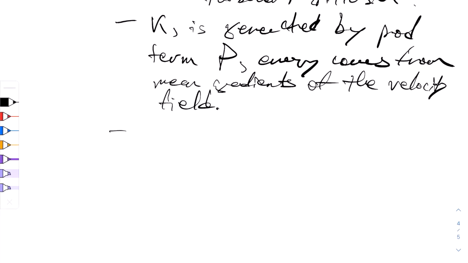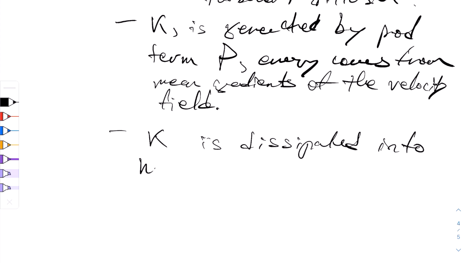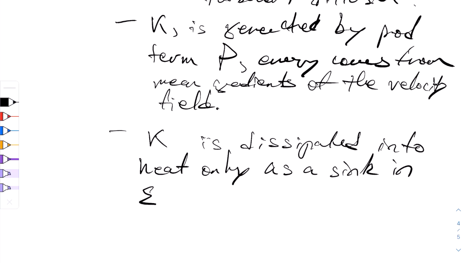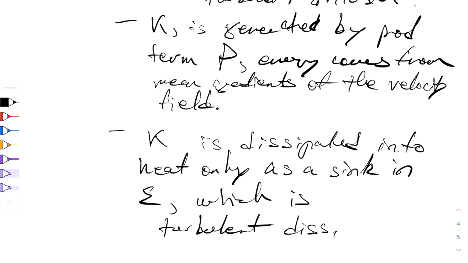One final point. The TKE, or turbulent kinetic energy K, is dissipated into heat only, because this is an incompressible equation, as a sink in epsilon, which is the so-called turbulent dissipation rate.